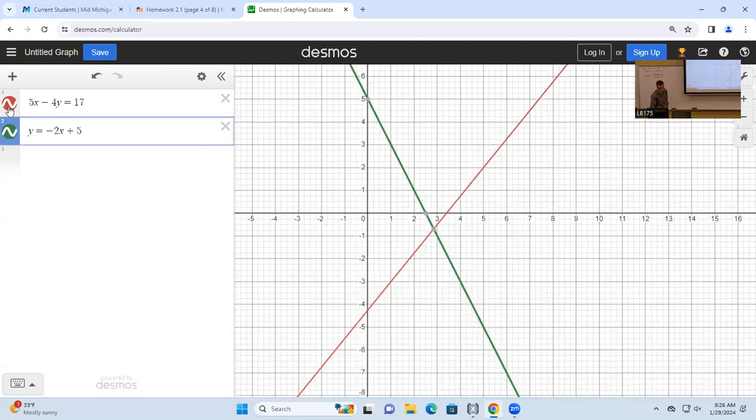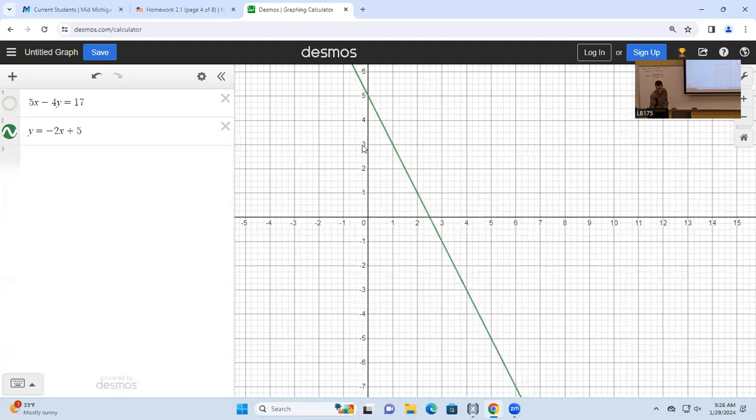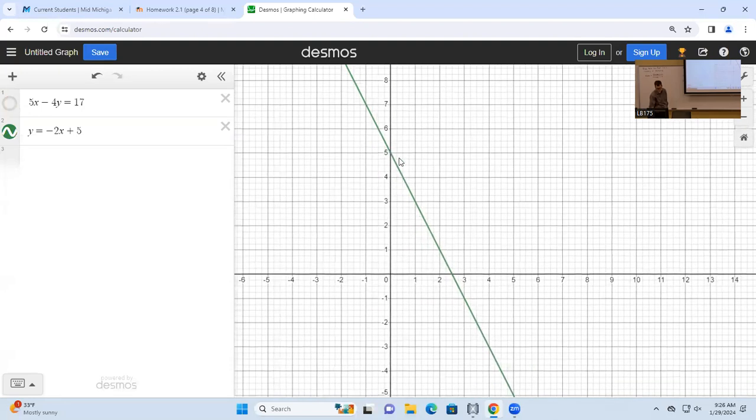Back, let me shut that one down. So there's the line I'm focused on. We say slope is a change in y divided by a change in x. Now, what we mean by that is a change in y from going from one point on the line to another point on the line.